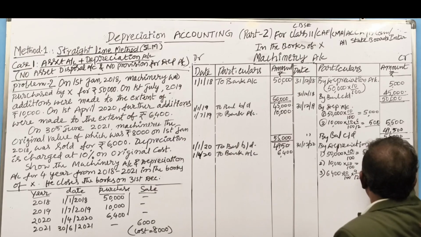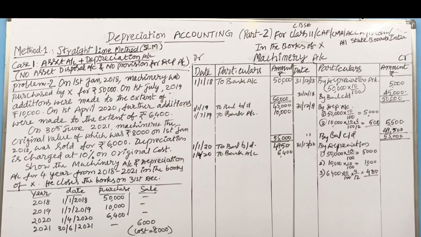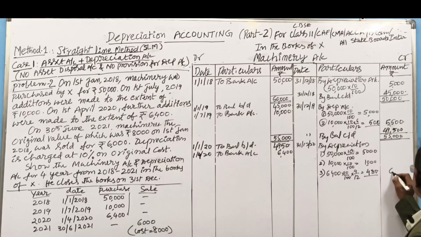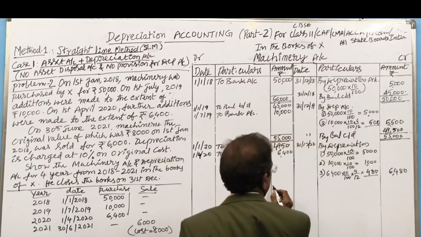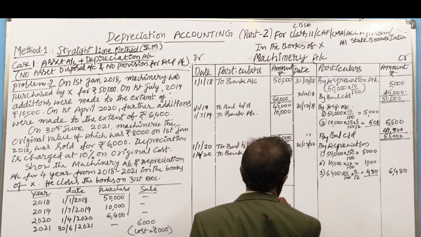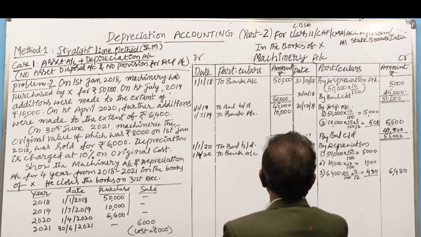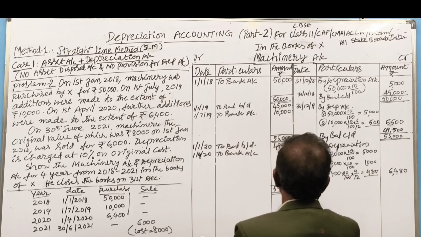480. Now take the total. The total is 6,480. Now you have to take the balance again. Every year the same process. Debit side total 55,900.